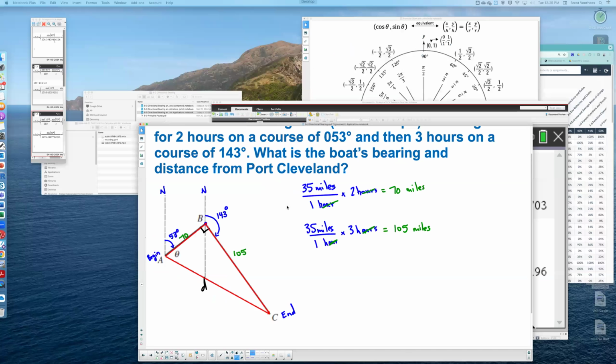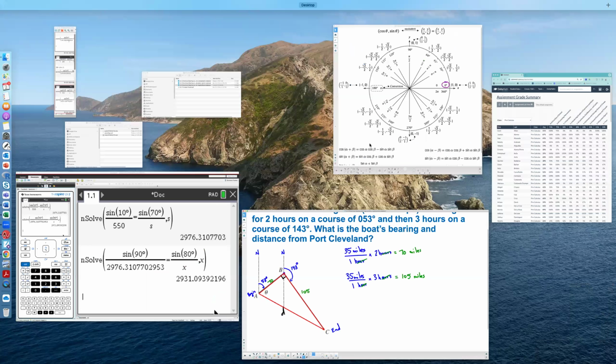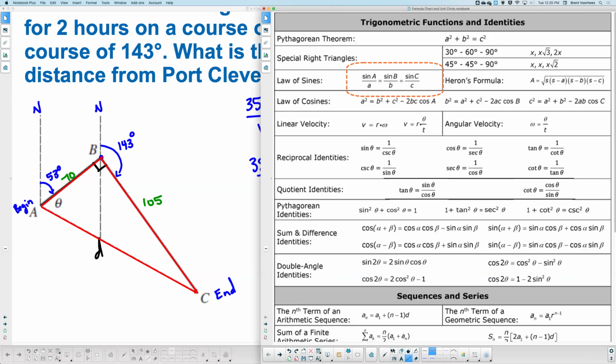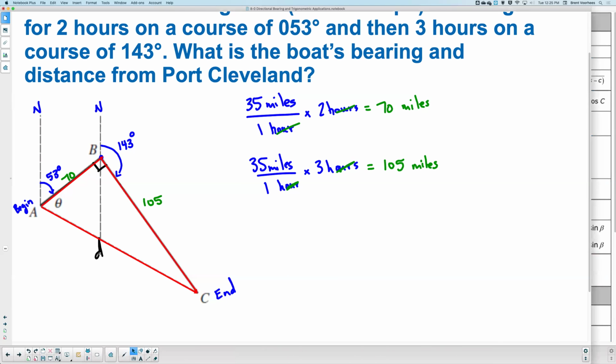So let's go over to our formula chart. Let's find that law of cosines. The law of cosines, there's 3 of them. I'm going to highlight this one right here. The reason I'm highlighting this one is because that's a capital B here. Actually, since that's a capital B, I should have called this a lowercase b.